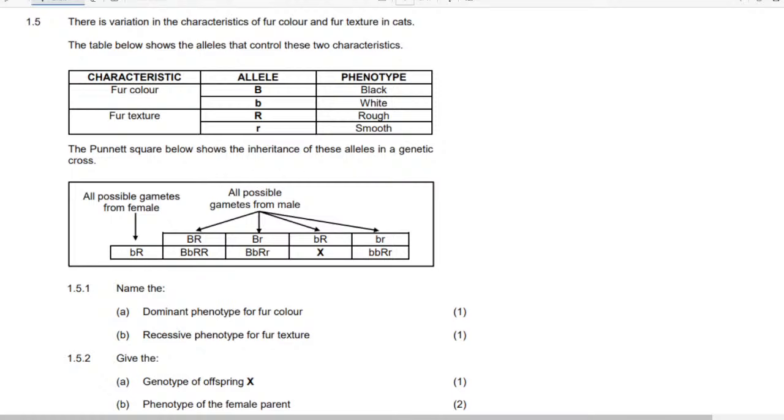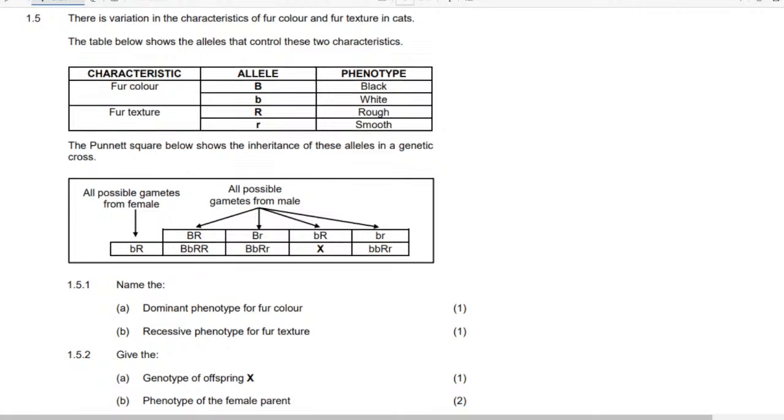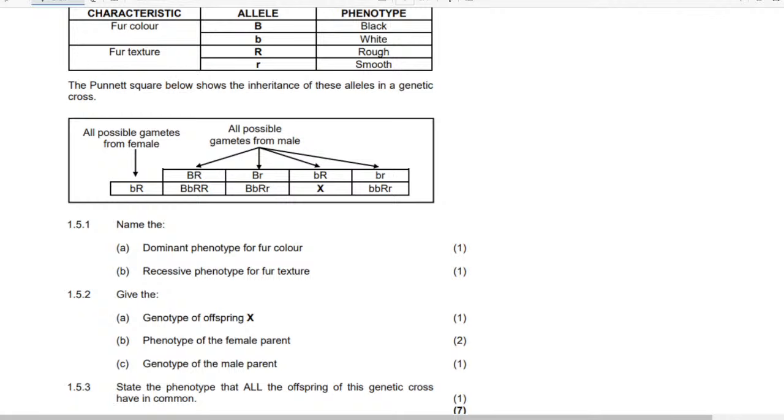Where you see a capital letter, it means the dominant allele. So this is B, so the answer here is black. And then the recessive phenotype for fur texture is going to be smooth.